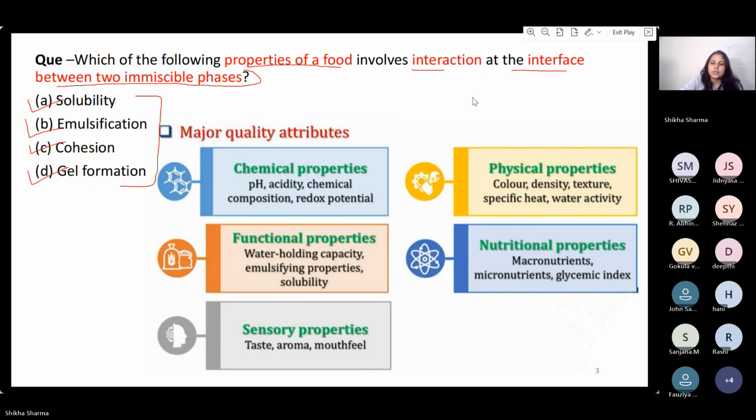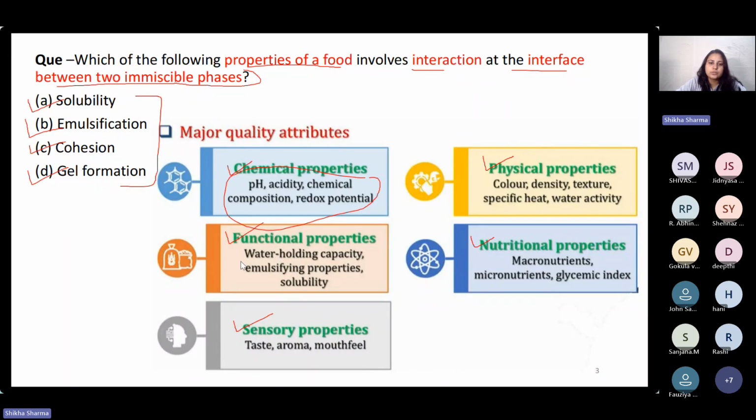Okay, so if we talk about the major attributes of food, they are the chemical properties, the functional properties, the sensory properties, and then physical properties and nutritional properties. In chemical properties we have pH, acidity, chemical composition, and redox potential.